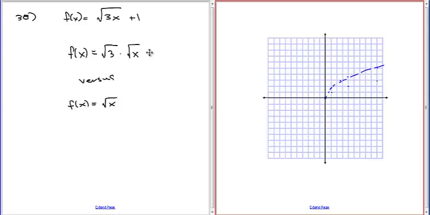And then finally we move it up 1 unit. So we just take everything and move it up 1 unit. So it starts here. So when x equals 0, you get 0 plus 1, so you get 1. And then it goes something like that.